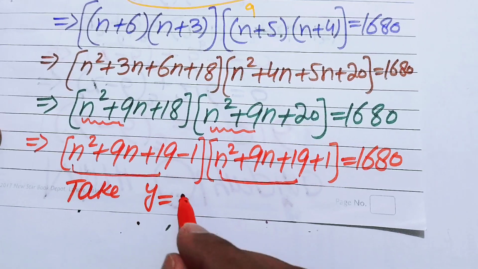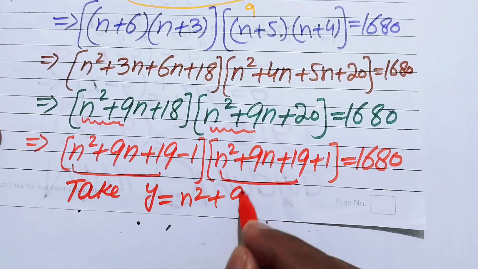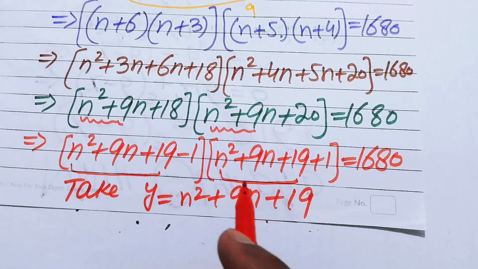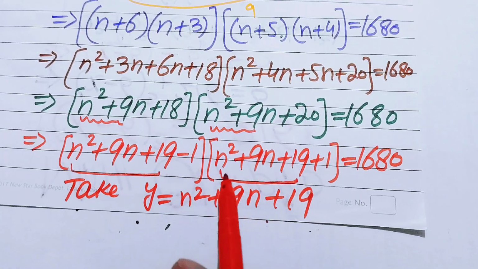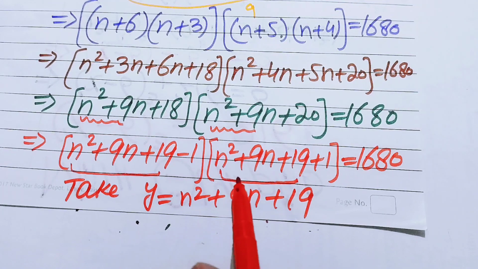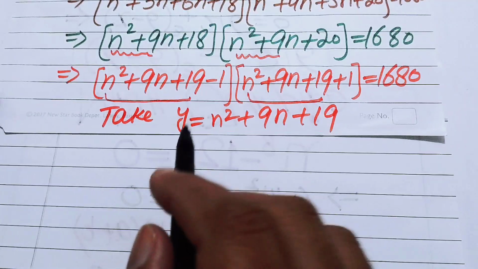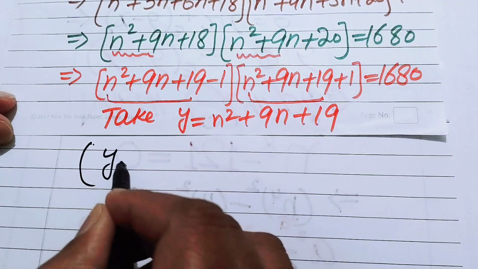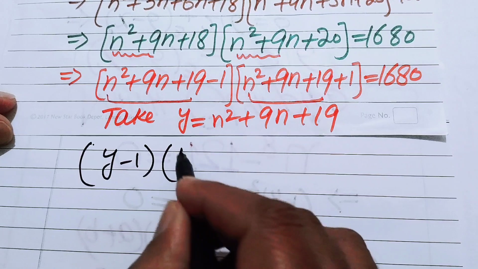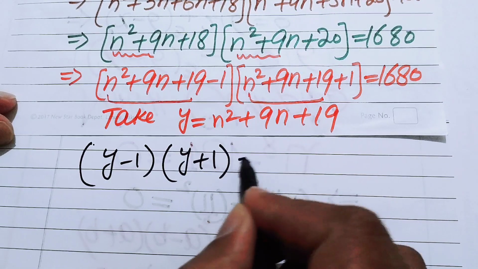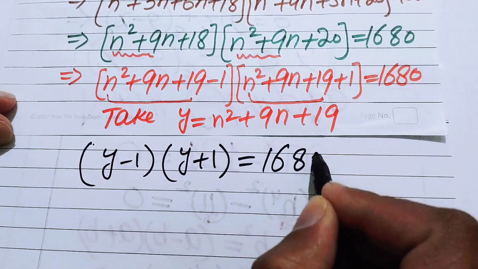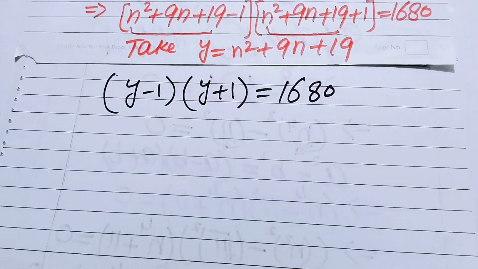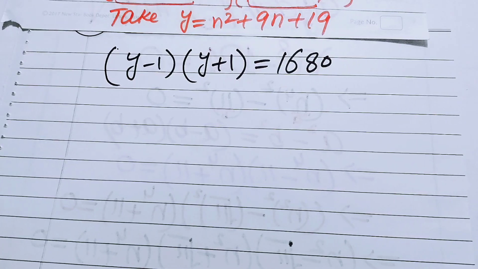When you take y equals n squared plus 9n plus 19, then our above expression, or above factors, will become, when you put this value in these factors, y minus 1 times y plus 1 equals 1680. So in the next step we will just solve these two factors.